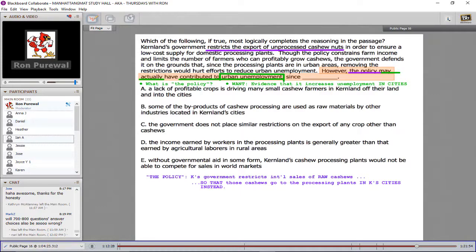So we're keeping people in the cities employed. You need to show that this might actually increase unemployment in the cities. Standard. You need a reason why this might cause more unemployment in the cities.